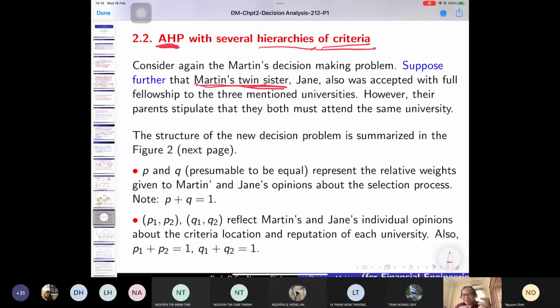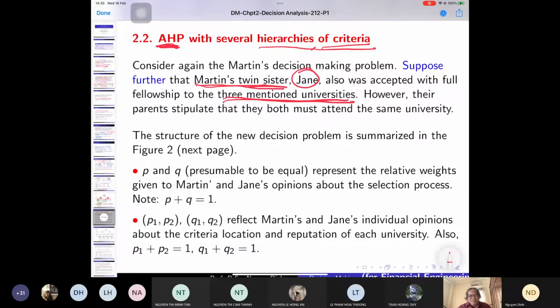Martin gets the full fellowship for the three universities UA, UB, UC, but his twin sister Jane also got the full fellowship from the three mentioned universities UA, UB, UC too.